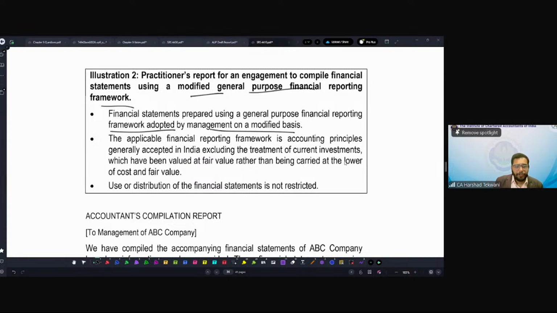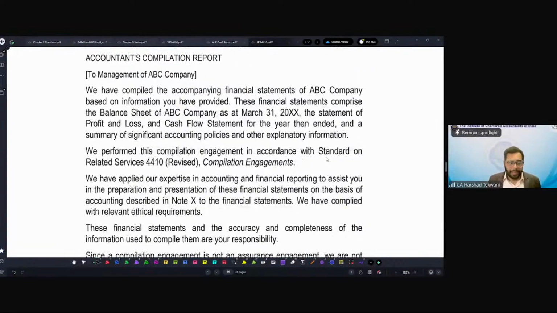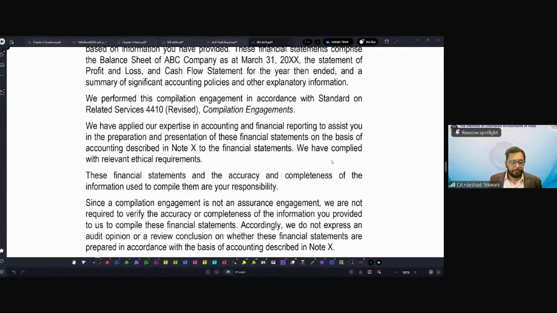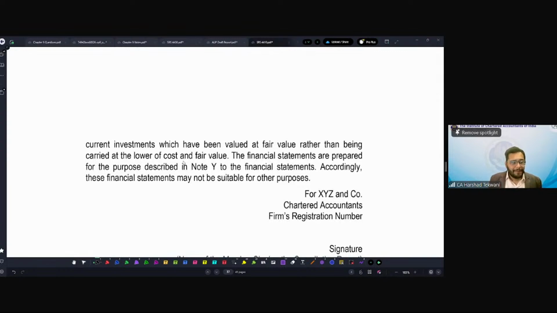So this is with respect to the financial reporting framework, accounting principles generally accepted in India, excluding the treatment of current investment, which has been valued at fair value rather than being carried at lower of cost or fair value. Everything will remain the same over here except for, see, as stated in note X, the financial statements are prepared and presented in accordance with the accounting principles generally accepted in India, excluding current investment which has been valued at fair value rather than carried at the lower of cost or fair value.